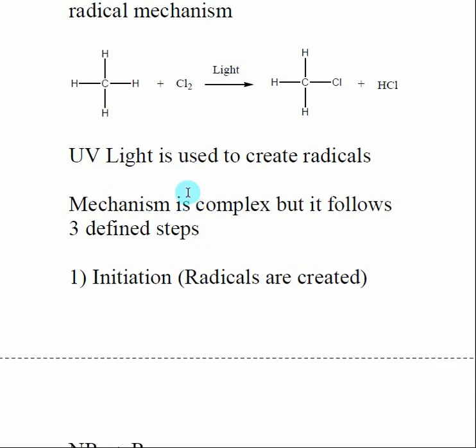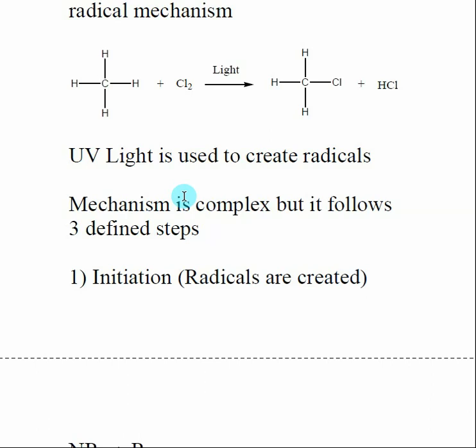But what we really need to do is look at one of these mechanisms of a free radical reaction. This is one of the other places where free radicals are different than the other chemistry that we talk about. So when we talked about mechanisms beforehand, they were very linear. You said step 1, step 2, step 3, and at the end of step 3, you made your product, and that was it. Free radicals don't really work like that. There are multiple mechanistic steps that are kind of all happening at the same time.